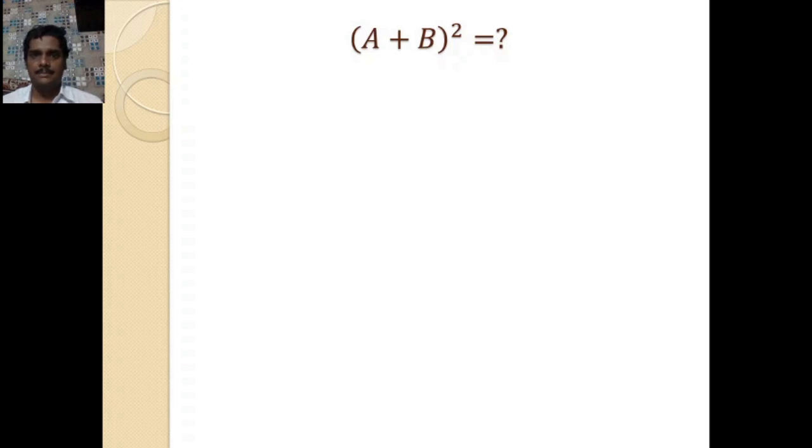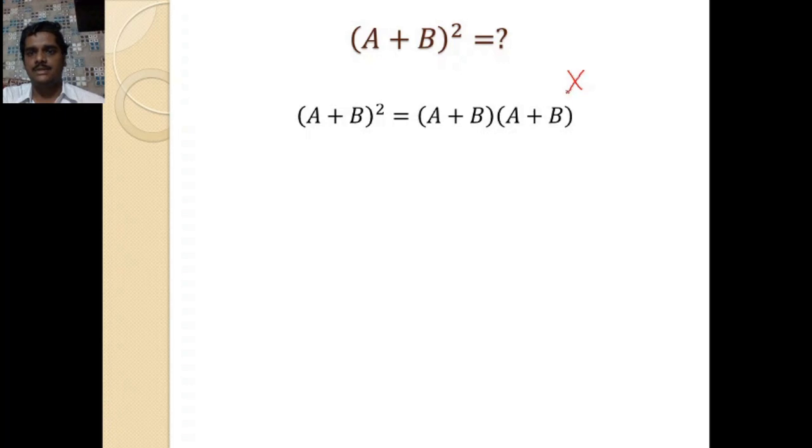Let's see what happens in matrices. I'm going to tell you in depth, step by step. So here is your step number 1. (A+B)² is equal to (A+B) into (A+B). Over here, I'm using the power of matrices concept.